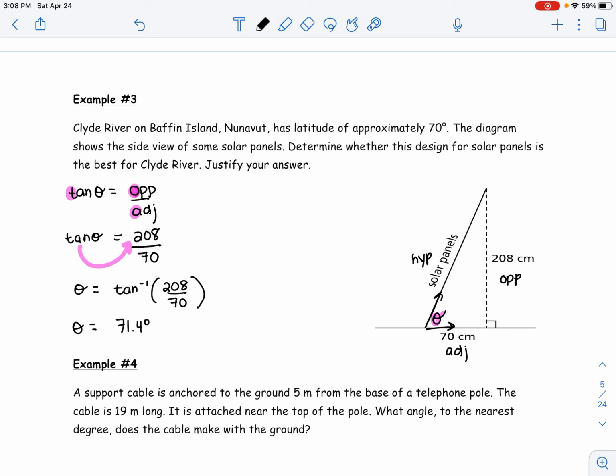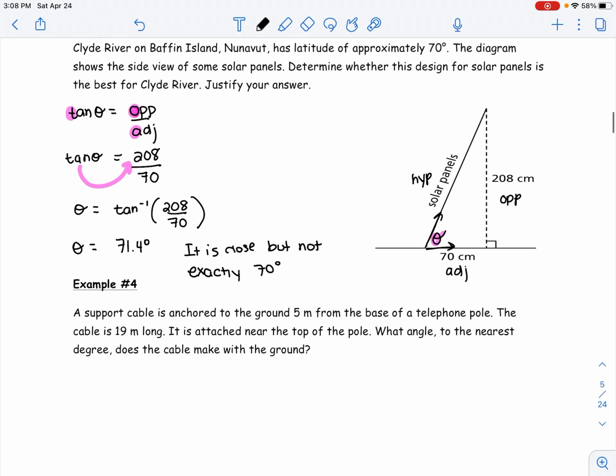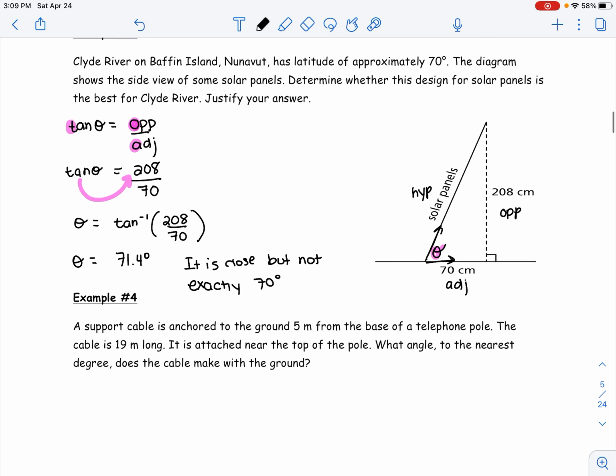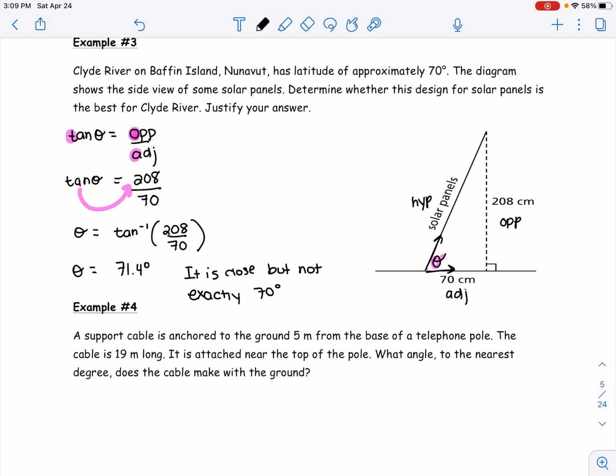So it's pretty close, but it would be better if it was exactly 70, right? We would prefer one that was exactly 70 for it to be the best design. So this is close, but not exactly 70, so not ideal.